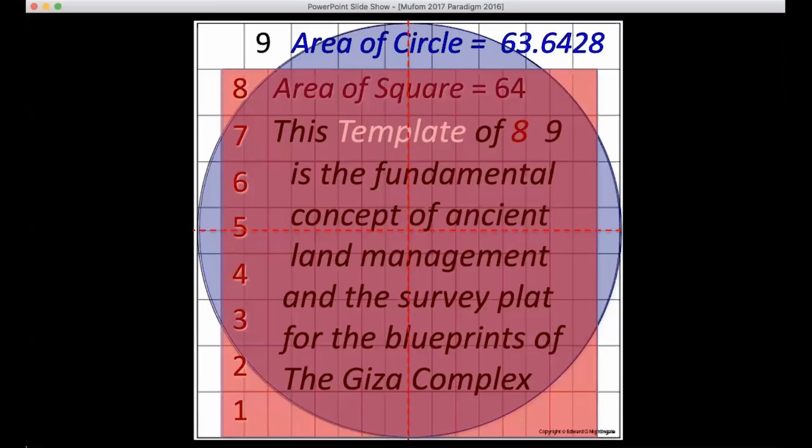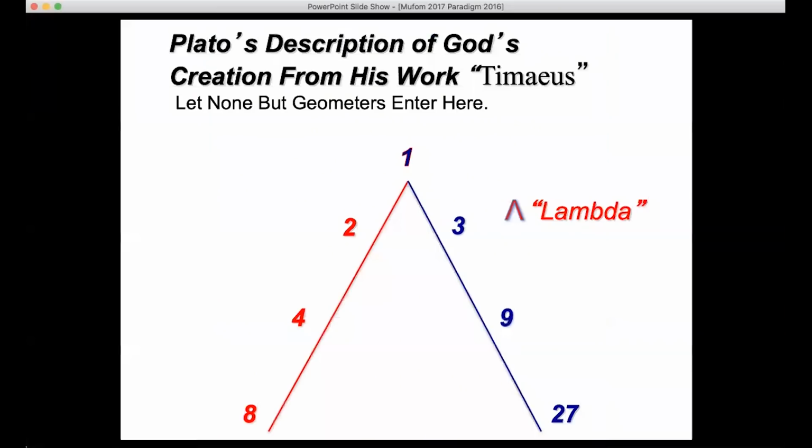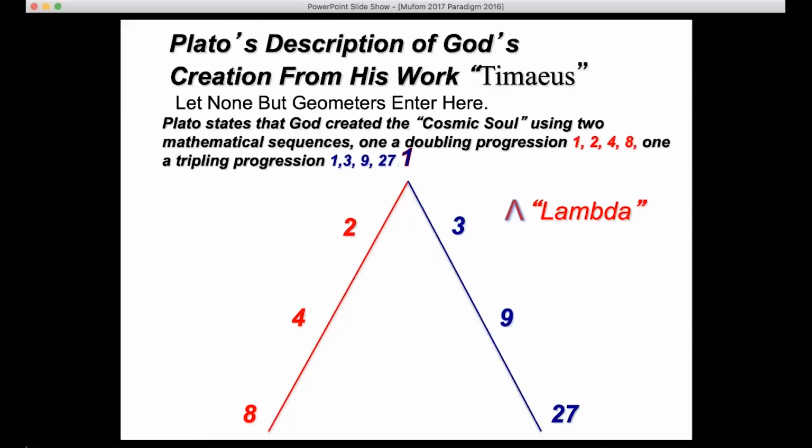So in Plato, in his book Timaeus, he wrote about God's creation and how it was created by God using this lambda sequence. So Plato states that God created the cosmic soul using two mathematical sequences.